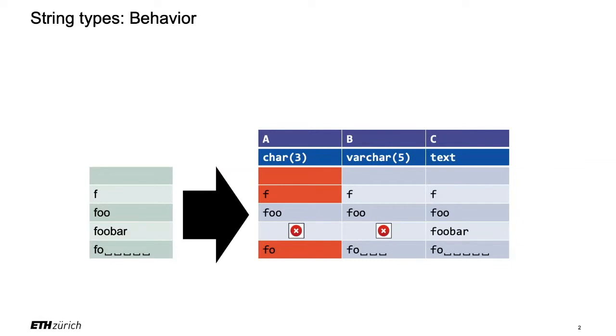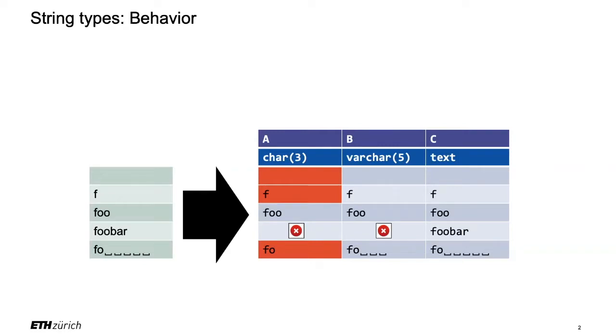So you remember that for the char3 or char-n type, the behavior with spaces was a bit fishy. When you say char3, it's really meant for 3 characters, not spaces, like airport codes, for example. So the normal use would be foo, F-O-O.